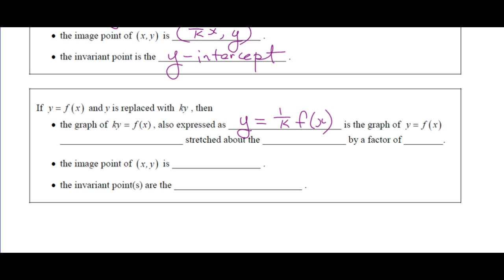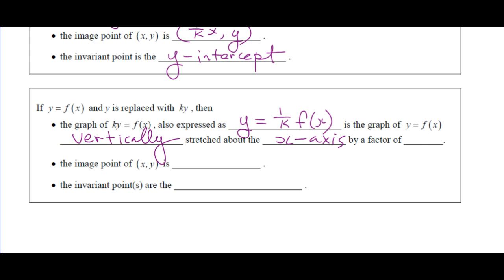Vertically, is it vertically? No. Yes, vertically stretched about the x-axis, which remember is also the line y equals 0. So just be aware we could give you a line of stretch. And we don't necessarily have to stretch about the axes like we are for now. Don't worry, but we could stretch about another line.